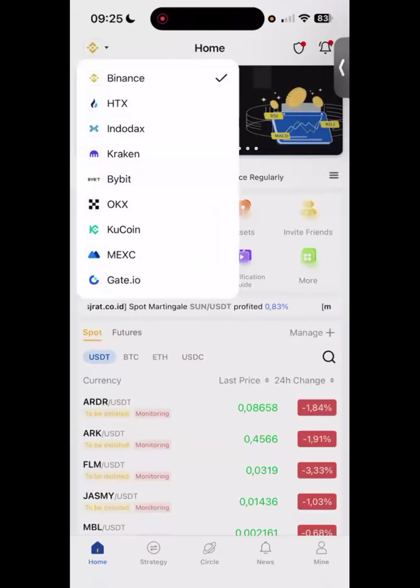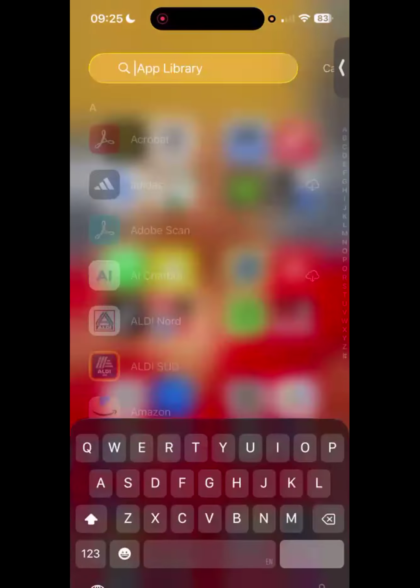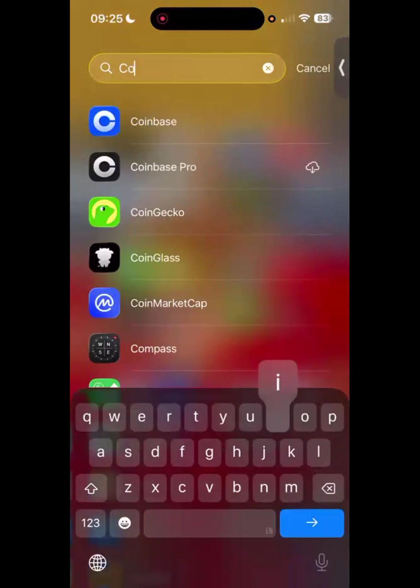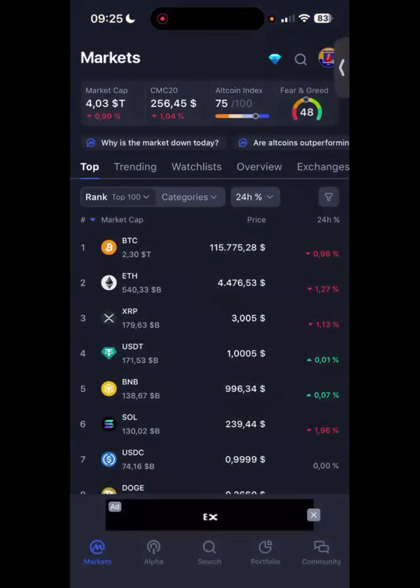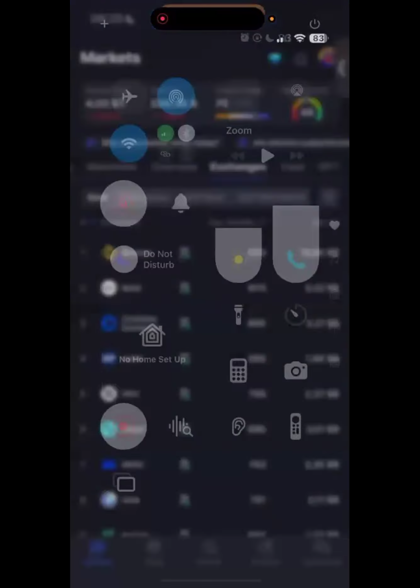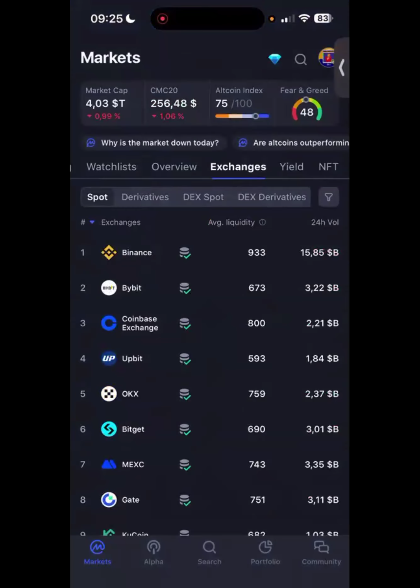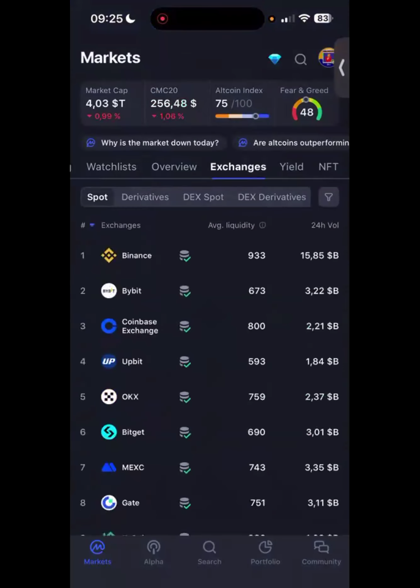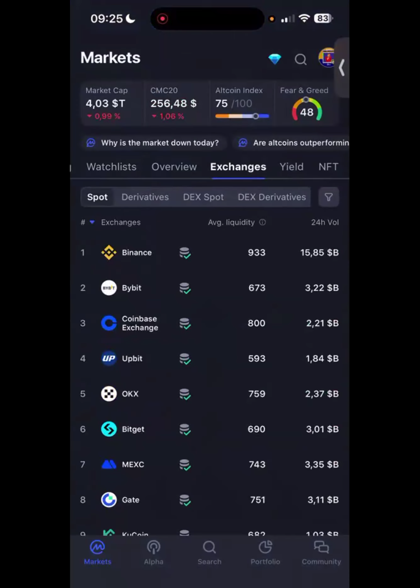Okay. When we go to CoinMarketCap, and we move to exchanges, you are going to see that all the exchanges that you can connect to RoyalQ, most of them fall within the first 10 exchanges.